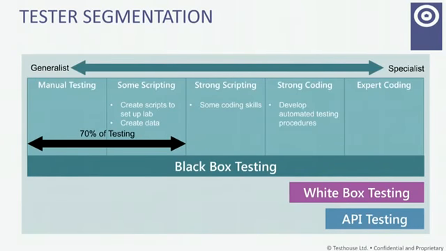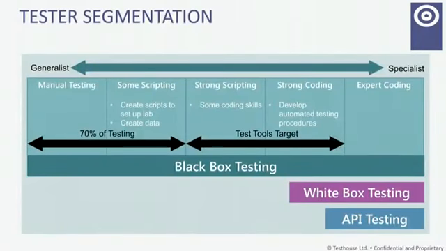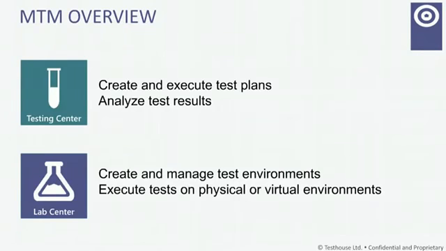It's quite easy to just sit there and drive the application. Additionally, test tools have been targeting the scripting, more technical side, so you need strong coding skills and technical expertise to be able to do that. So Microsoft has created MTM to deal with the more manual side of testing, and that's what I'll be demonstrating with you today. There's a bit of a gap in the market there.